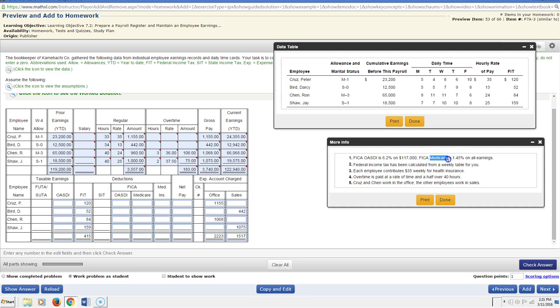Everybody has to pay Medicare, even public employees. So that's a rate of 1.45%, and there's no limit on the amount of earnings upon which that tax is levied. You earn $500,000 a year, you're still going to pay into the Medicare at 0.0145 in your calculator, or 1.45%.